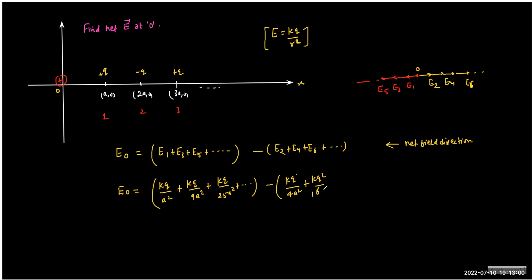So I will not write much. We can take something common, and we are left with 1 minus 1 by 4, but I am just writing it together. I mean 1 by 9, 1 by 16, and 1 by 25.